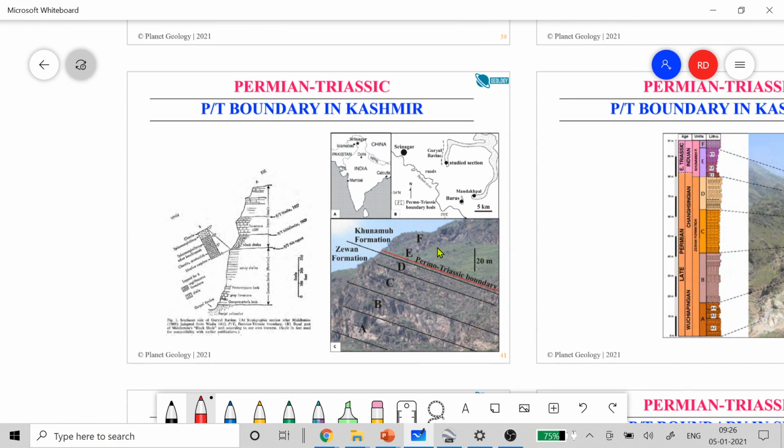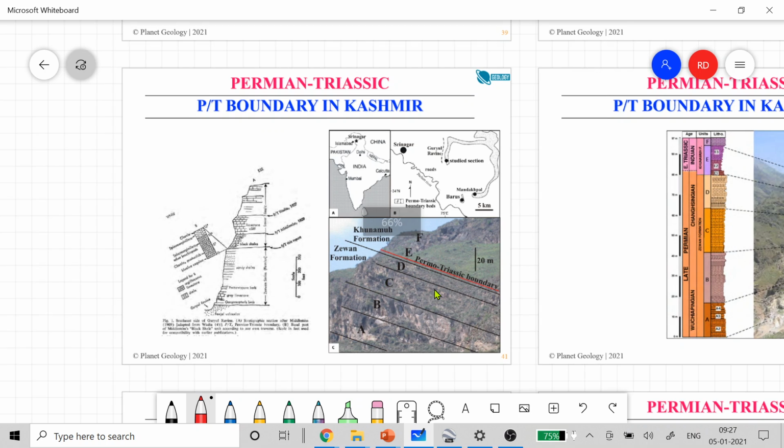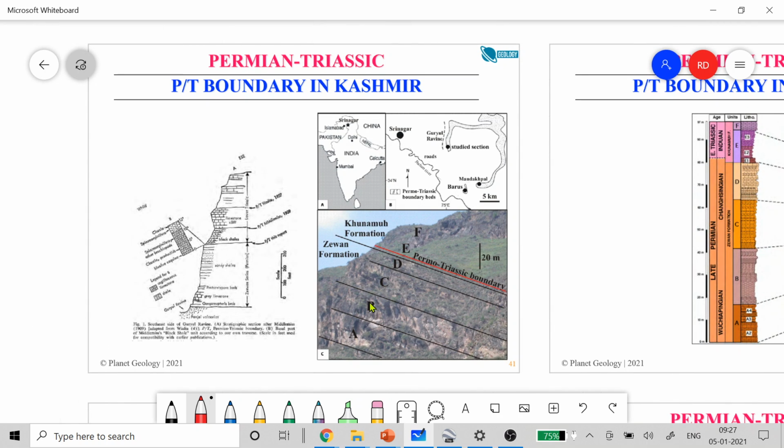This is the actual section of the boundary between Permian and Triassic. So these are different units within the Zewan formation, and on top of the Zewan formation, you see this Permian-Triassic boundary, and you go into the Mesozoic rocks of the Khunamuh formation beyond this part.